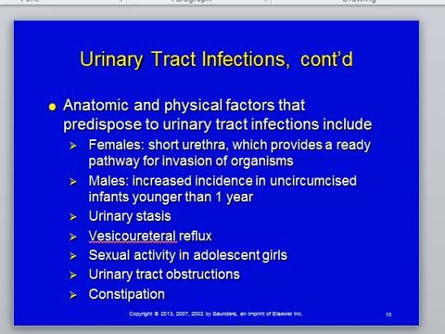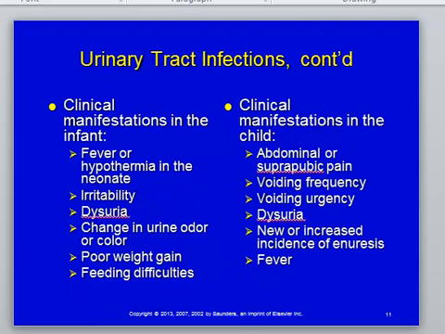The child could also be predisposed because of urinary stasis, or vesicoureteral reflux, sexual activity in adolescent girls, any kind of urinary tract obstruction, and constipation in the child can also cause a UTI.